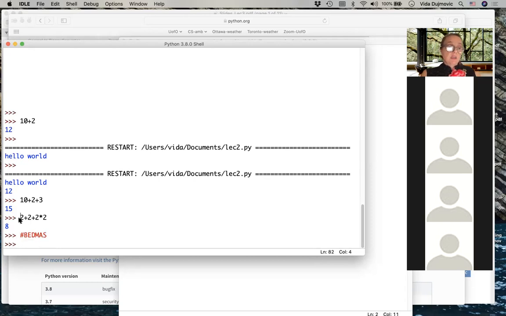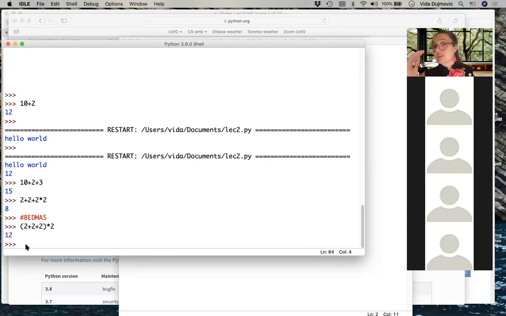So if we wanted to do these additions first, we can change that with parentheses. This is just to demonstrate that Python knows these most basic things. It behaves the way you expect, which is again a nice thing about Python, but then again, all the programming languages do this, they know the order of operations.